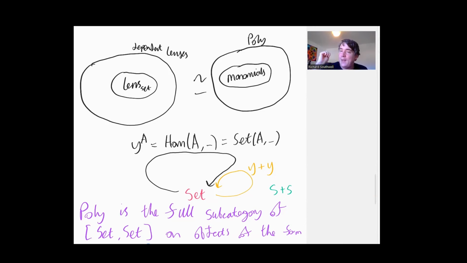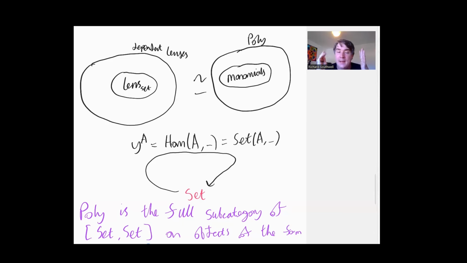Actually, there's a different way to think about these polynomial functors, a bit more sophisticated, I suppose. And that's firstly to consider the Hom functor. So let me introduce these polynomial functors a bit more systematically.